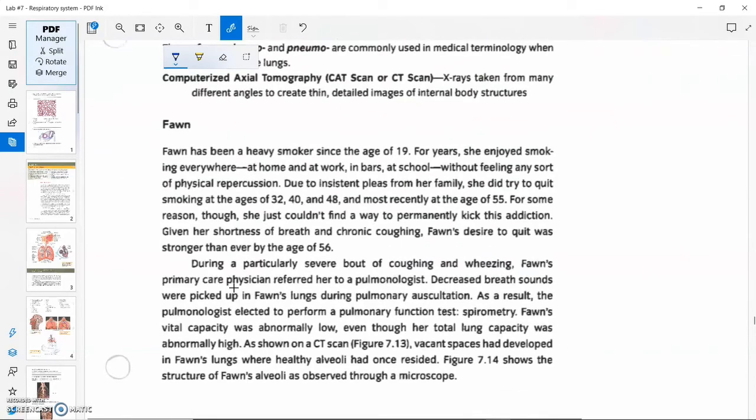So Fawn, a heavy smoker, has shortness of breath and chronic coughing, and the pulmonologist did pulmonary auscultation. Vital capacity was low, total lung capacity was abnormally high.